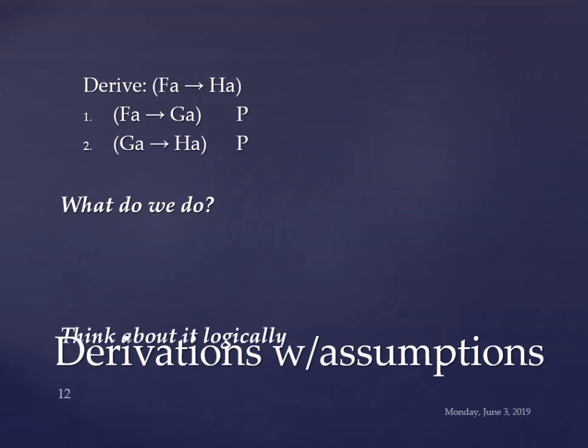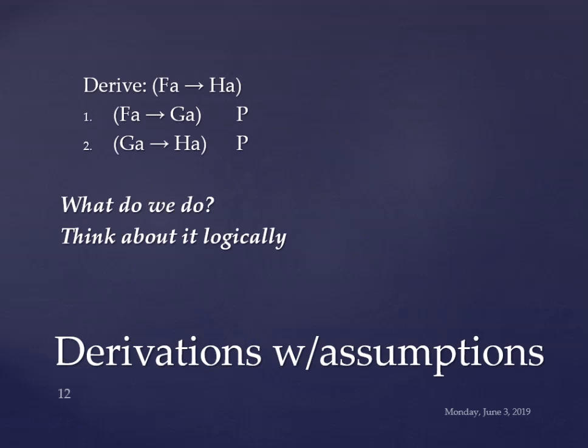That's always the answer. Let's suppose, for the sake of argument, that Fa is true. If Fa is true, then Ga is true, because we can derive Ga from Fa arrow Ga and Fa. That's what we were doing in that last slide. We were using arrow elimination, the modus ponens inference.